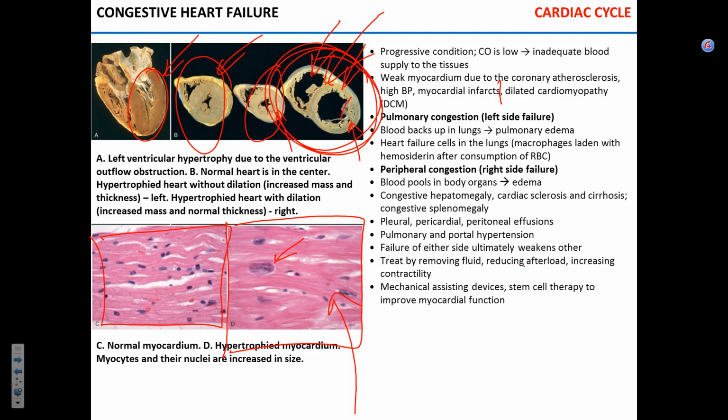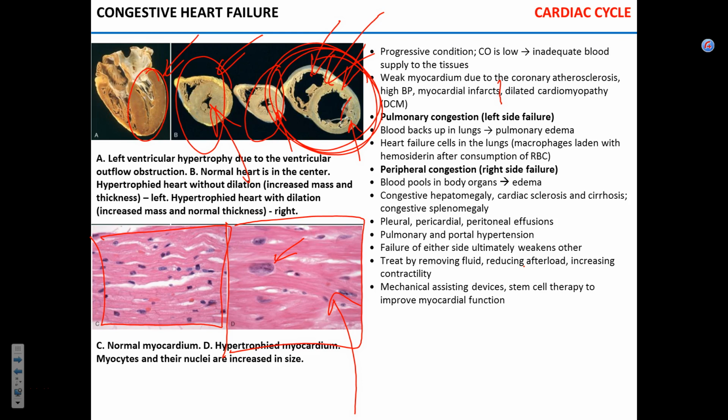And that may happen on one side. Remember what we learned about the amount of blood that is pumped through each circuit? Volumes of blood that are pumped through each circuit are what? They are the same. Now, imagine this situation. Your left side fails. So your left side is not pumping efficiently.